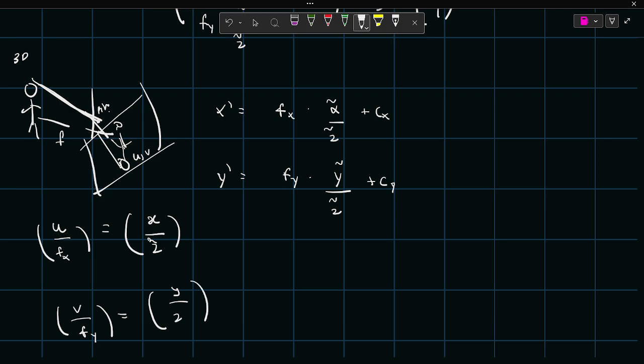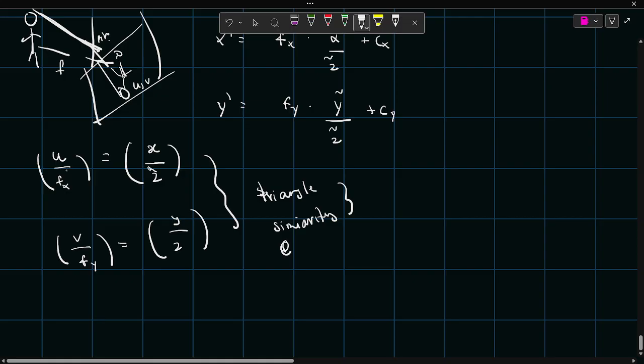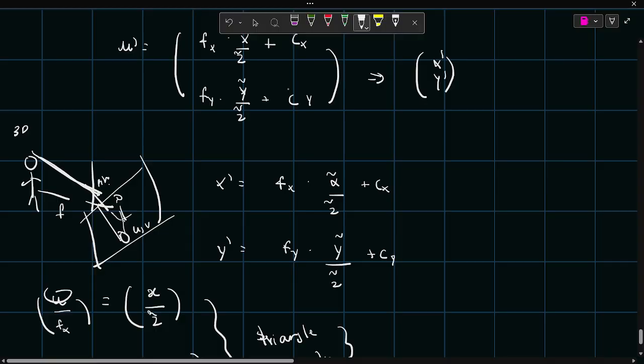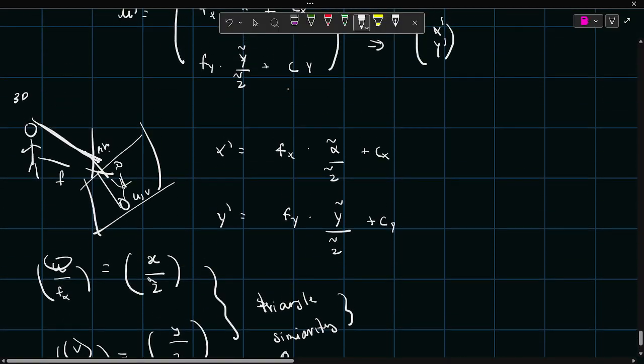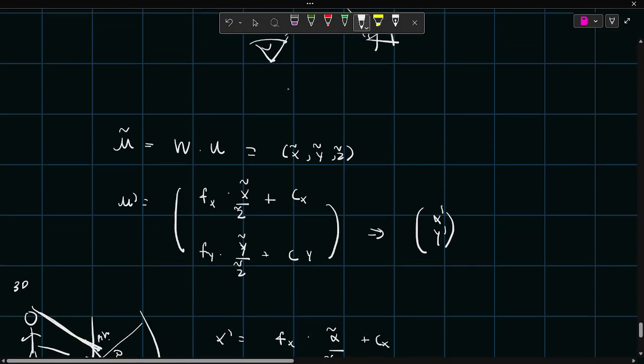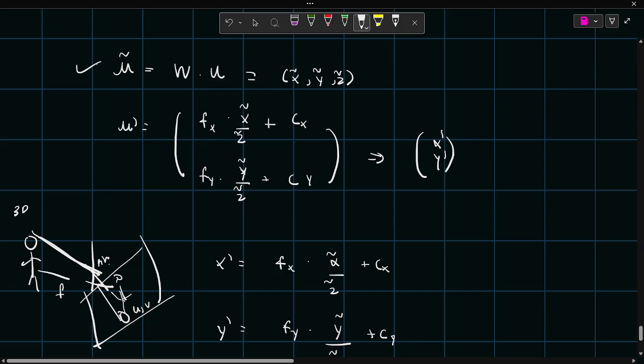This is with the help of the triangle similarity formula. So from this, you can find u and v. So finding the point is fairly straightforward with perspective projections, which uses triangle similarities.